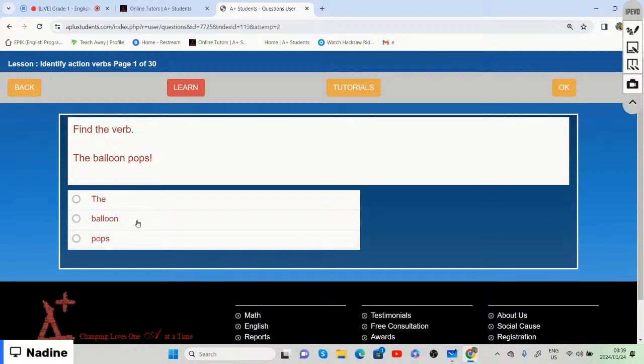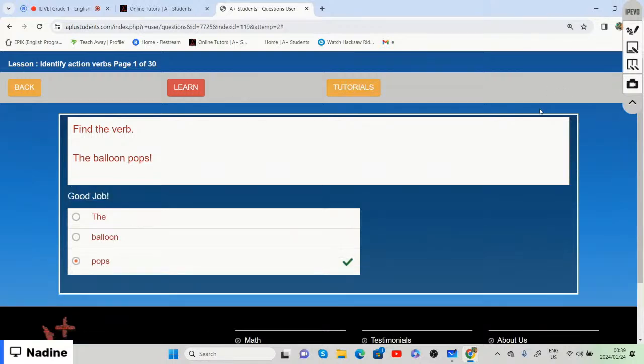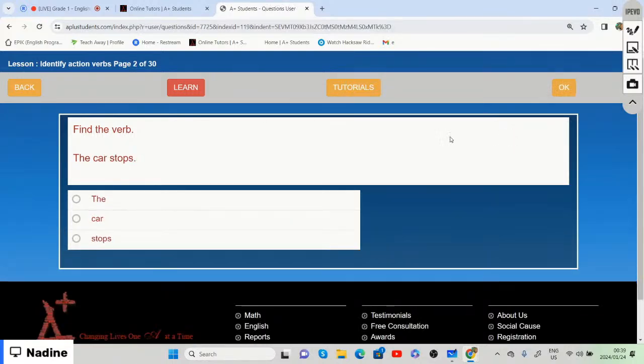Is it balloon, or is it pops? And if we find the verb, we will then say pops is our verb. So well done. Number three is correct, because pops is number three.